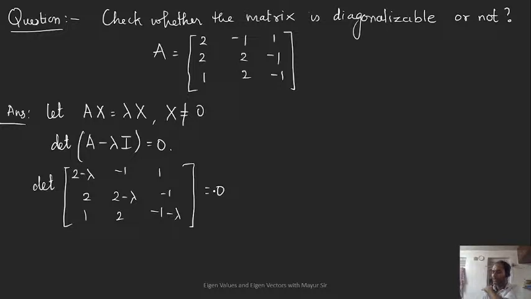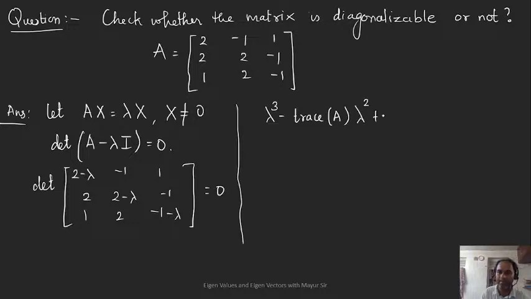And now let us see how to handle this. So we find the characteristic equation. So the characteristic equation will be how much? Lambda cube minus trace A times lambda square plus m11 plus m22 plus m33 times lambda, and minus determinant of A equal to 0.